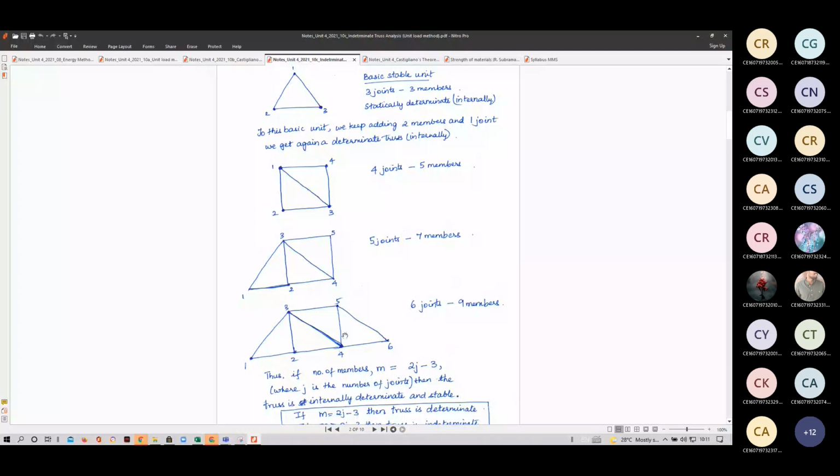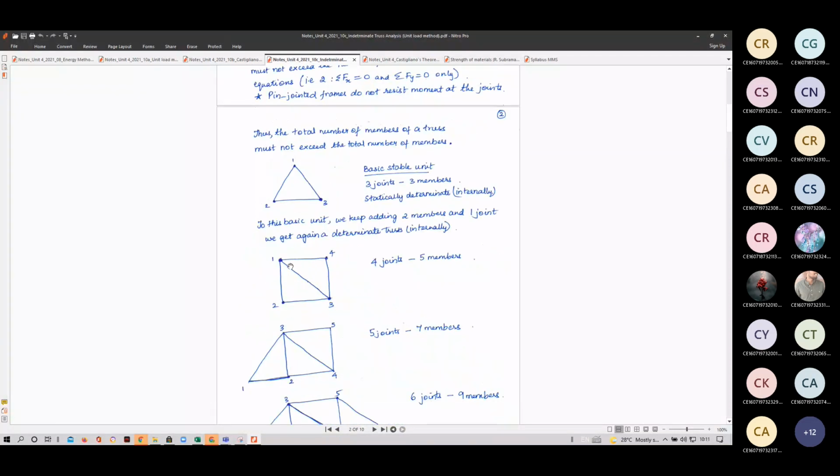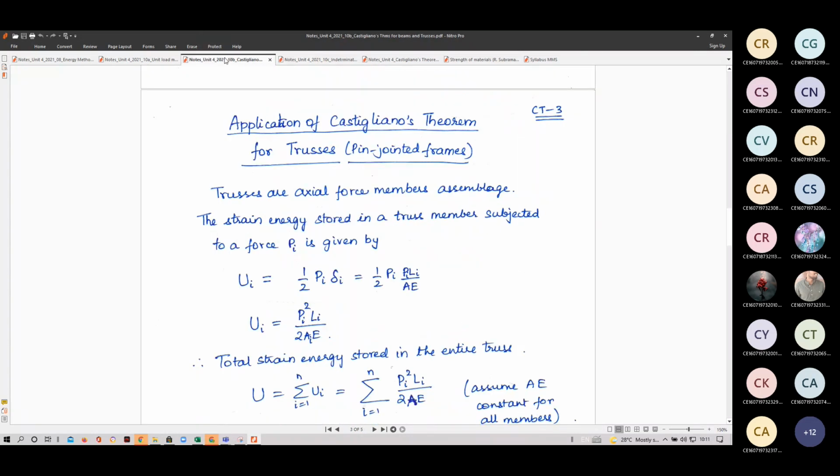They are pin jointed because we assume the ends are jointed by pins. They are smooth to rotate. So therefore, in trusses, any member you take is not subjected to bending moment. They are subjected purely to axial forces. So trusses are an assembly of axial force members.